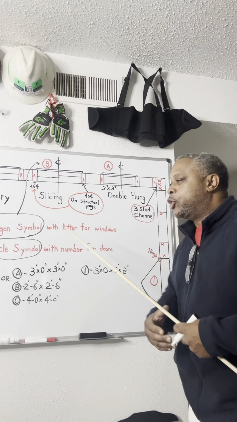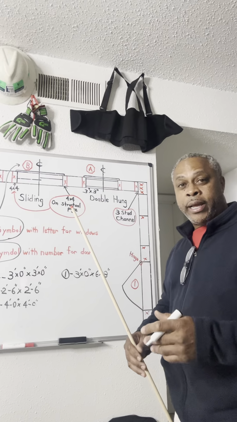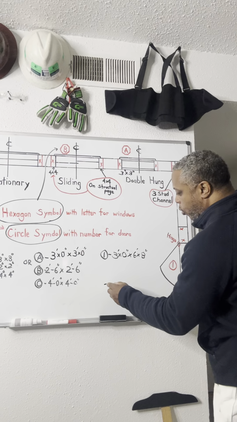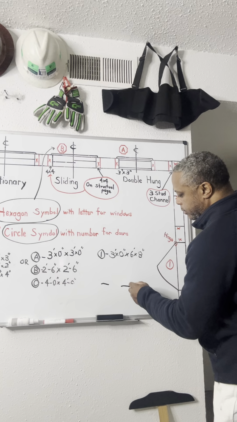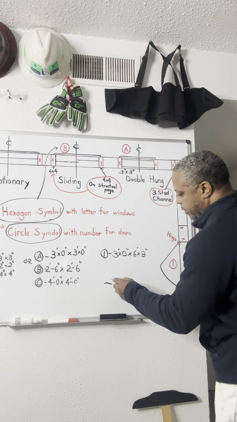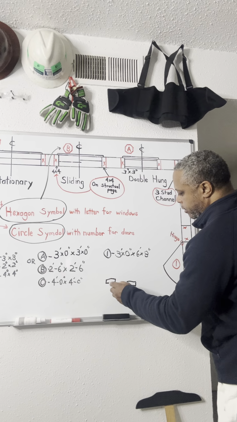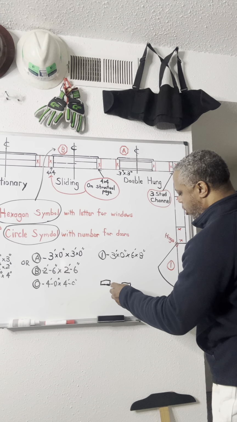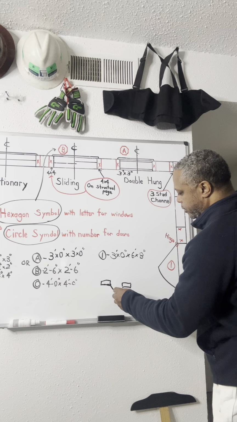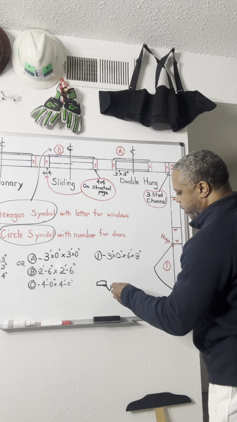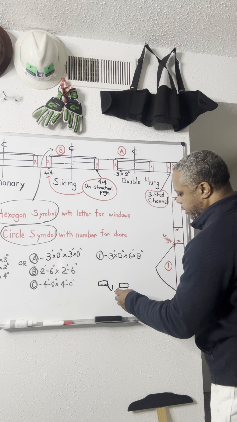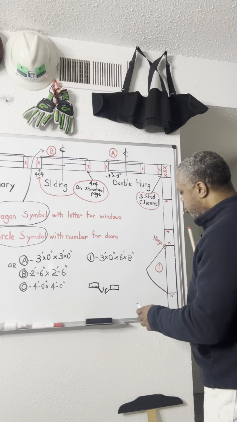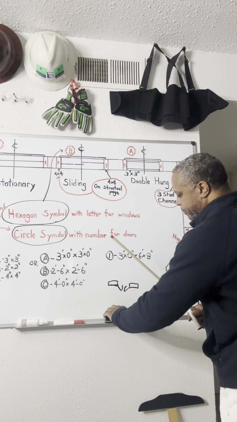Even if you see a double swing, there are plans for front doors where you will see the wall, forgive my drawing, it might not be straight. You have the wall coming out, and you'll have a swing coming in, slanted. But those two swings will meet.